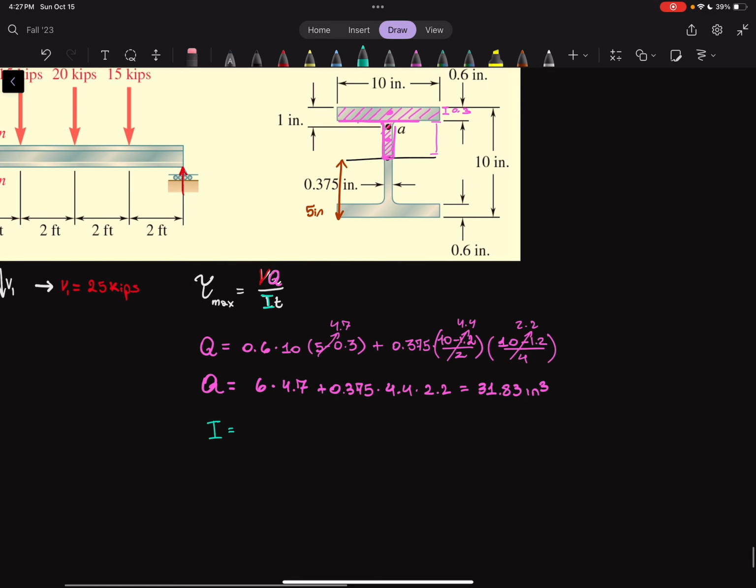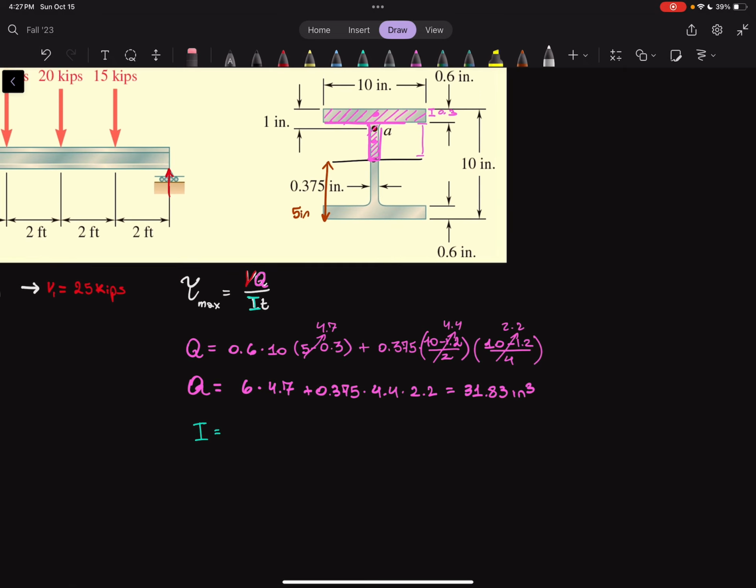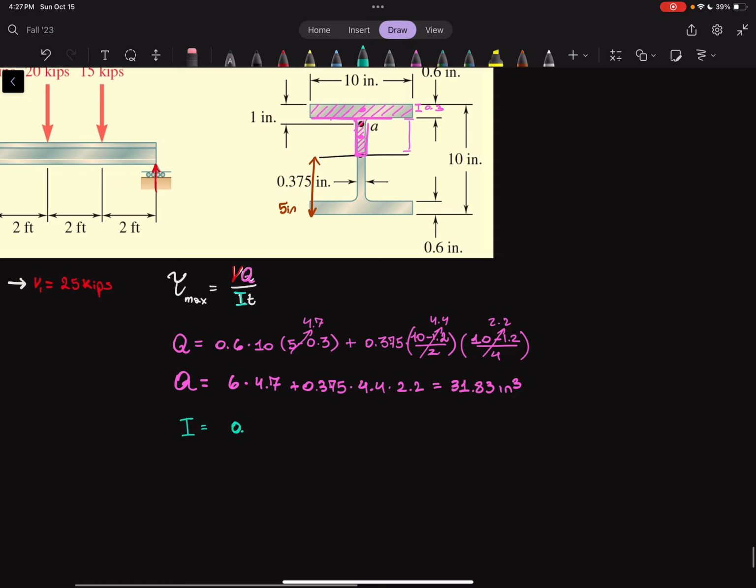The first and second shapes, the top and bottom, are actually going to be the same. So 0.6 times 10, that's my area.